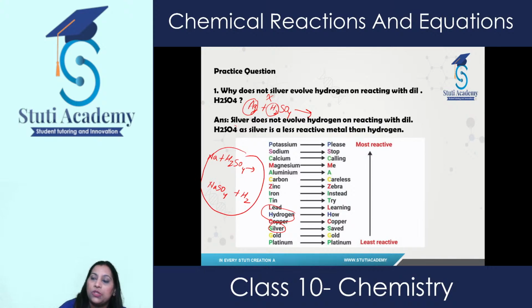The metals which are more reactive can displace hydrogen. Otherwise, the metals which are less reactive cannot displace. And I'm saying again, please learn this reactivity series so that you can easily solve questions like this if they come in exam.